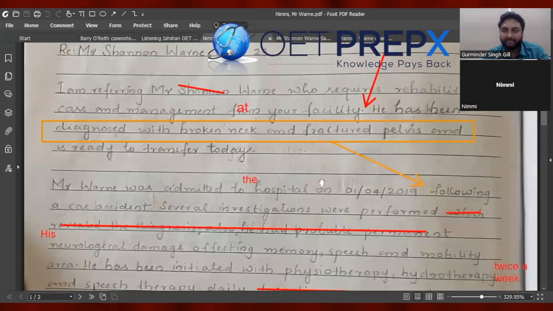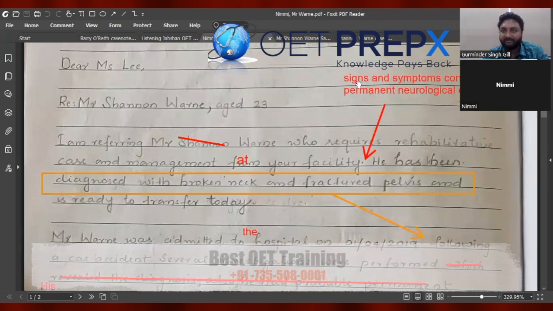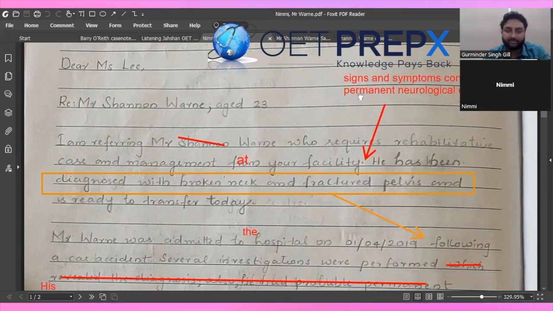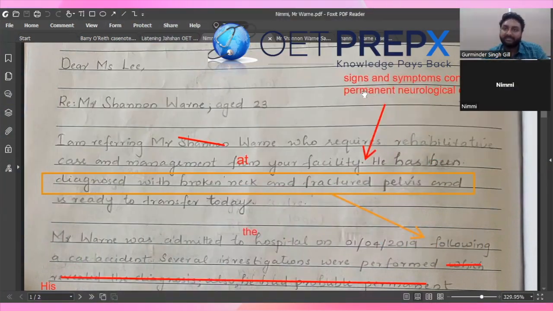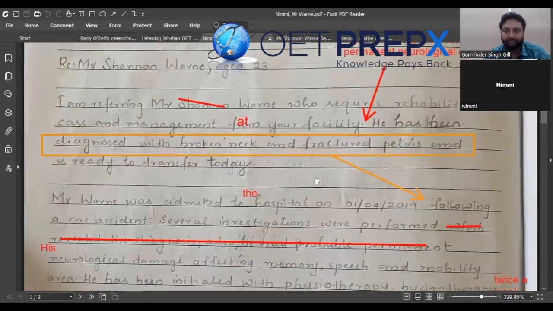So in our introductory paragraph, we can write that he's exhibiting signs and symptoms consistent with permanent neurological damage. Now, we are not quite sure about this particular diagnosis. So that's why we say that he's exhibiting signs and symptoms consistent with. So we are not saying that he has permanent neurological damage, right?